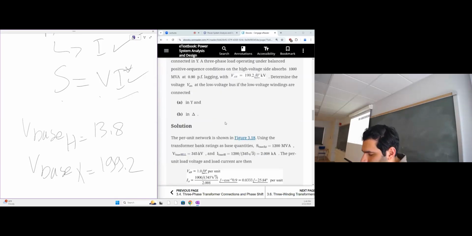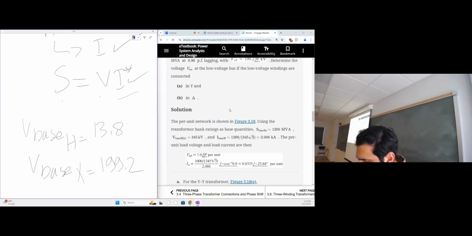But you need to make sure if it's the phase voltage or the line-to-line voltage. Both work, but if you are willing to use the line voltages as bases, you have to multiply by radical 3. And this is what we are doing here. So I multiply by radical 3 to make sure this is line to line, because it will make my calculations easier.